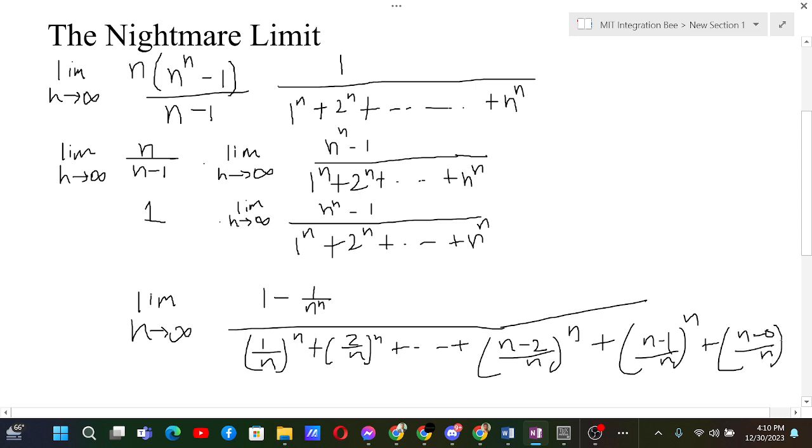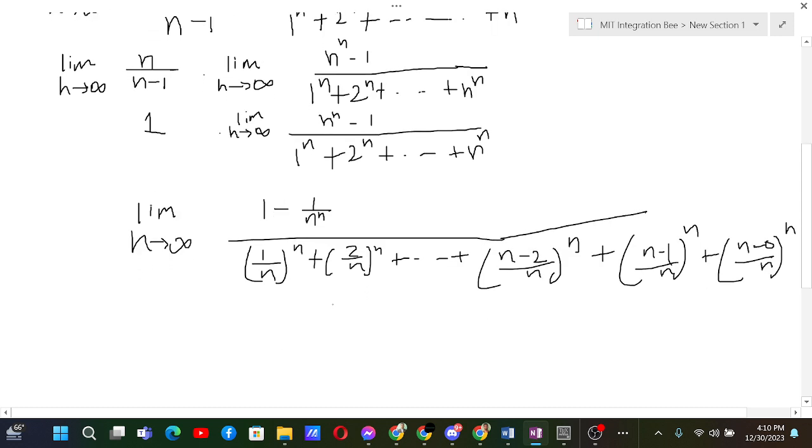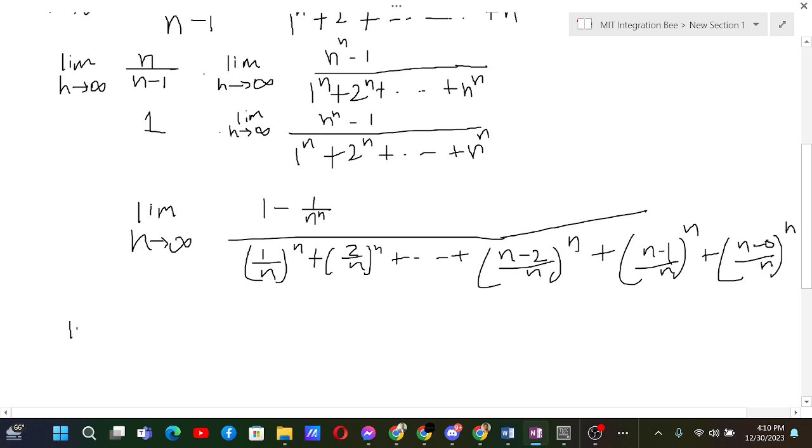Now we can again write this as a limit of products: the limit of 1 minus 1 by n to the power n, and the limit as n tends to infinity of this other one.